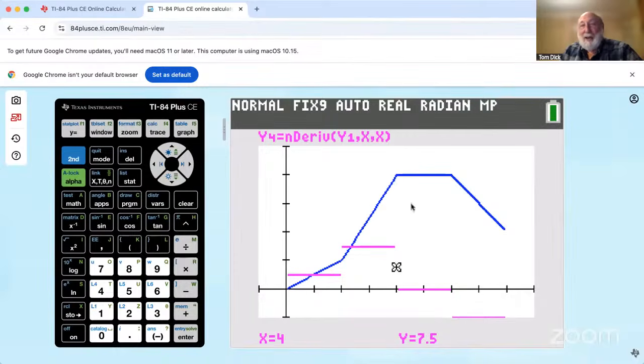And there's no way that can be right. Right, no, it's undefined there. And that's one of the things we have to be careful about. With a numerical derivative, you're not doing a true derivative. It's going to be a difference quotient. And so you'll get a value at these sharp corners where we really know the derivative is not defined. Anywhere else, other than those sharp corners, we're getting a good slope value. So let me go ahead and trace over to x equals 6.